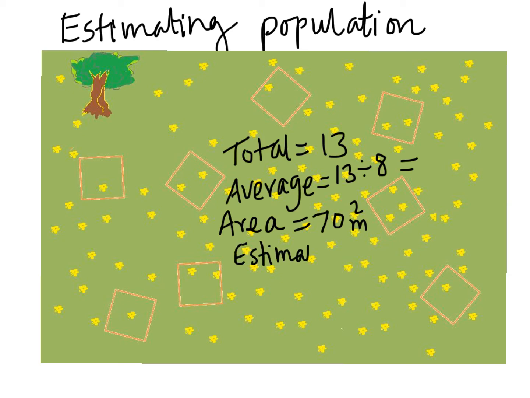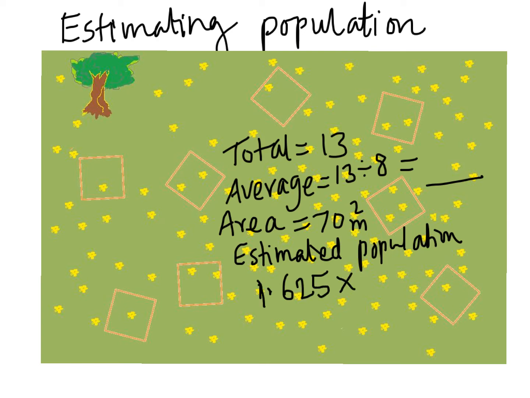Okay, so what would be the estimated population then? As you know, it is the average per quadrat, which is 1.625, times the total area, which is 70, and that gives an estimate this time of 113.7. Rounded to the nearest whole number, because you can't have fractional daffodil plants, you have 114 this time.